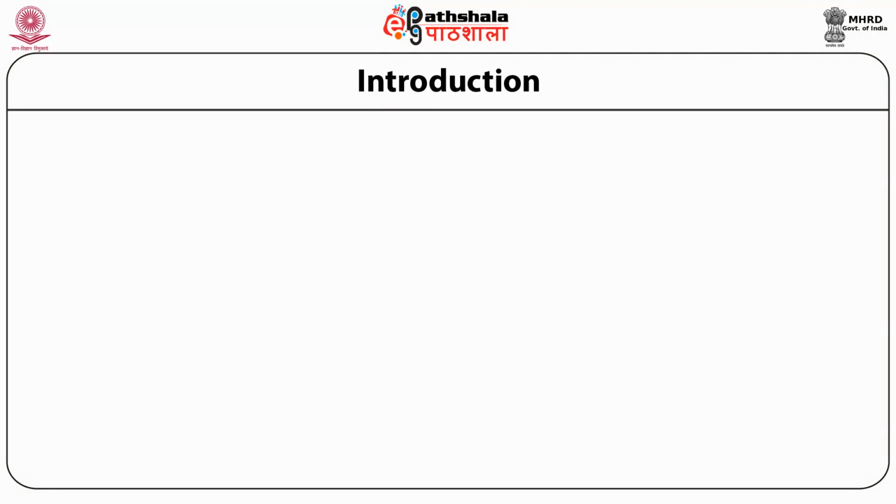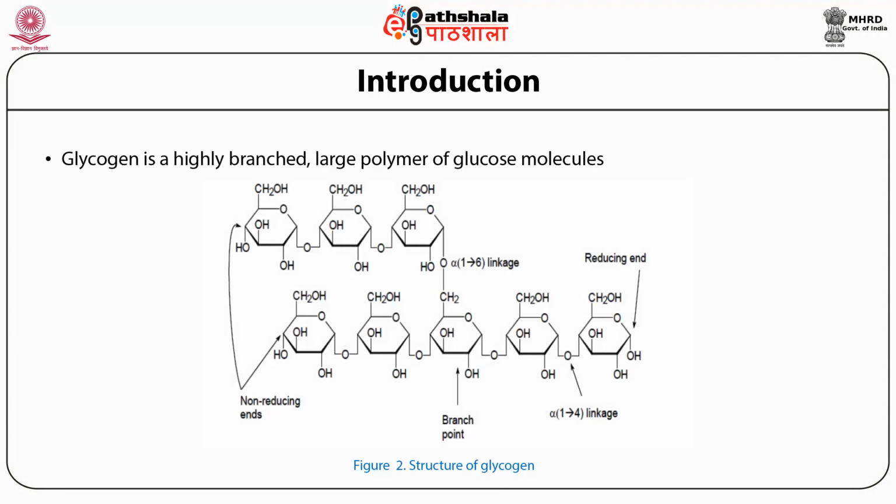As mentioned earlier, glycogen is a highly branched large polymer of glucose molecules linked along its main line by alpha 1,4 glycosidic linkages. Branches arise by alpha 1,6 glycosidic bonds at about every 10th residue. The above figure shows the structure of glycogen.